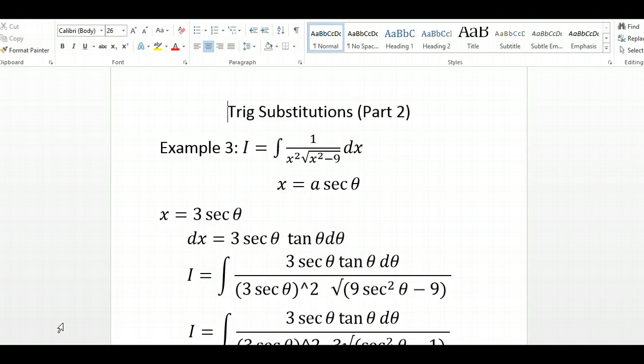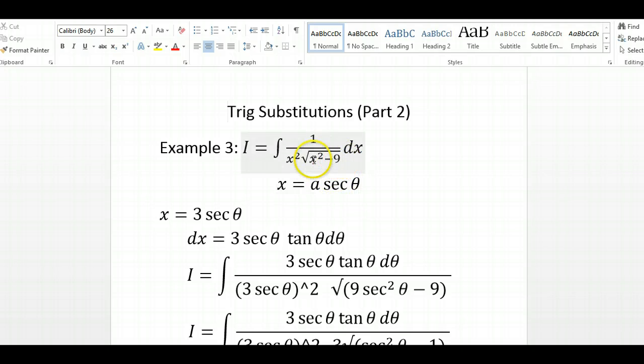So this is my second video tutorial on trig substitutions, and in this tutorial we will be looking at substitutions of the type a secant theta. Now as we described before, depending on the nature of the radical, the substitution will change. For example, here we have the square root of x squared minus 9, which requires a secant substitution.